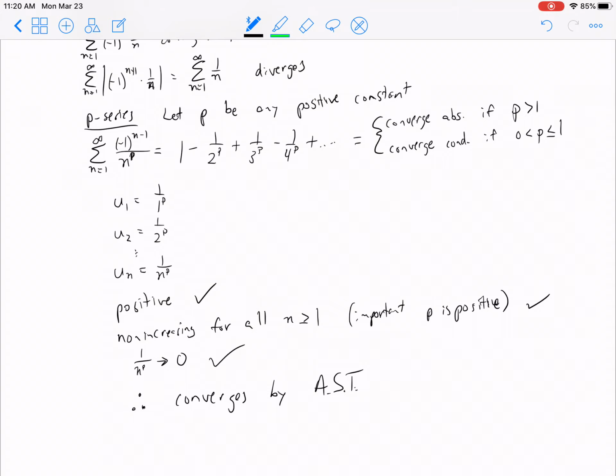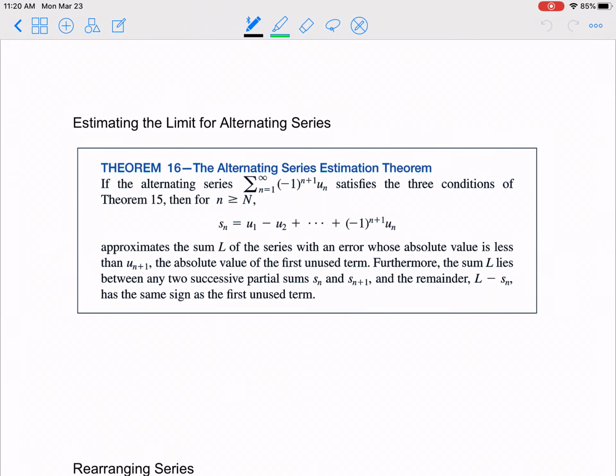All right, so the next little part here is just some stuff I want to talk you through real quick. I don't even think there's any homework questions on this, but we'll go ahead and go through it here. Estimating the limit for alternating series, theorem 16, the alternating series estimation theorem.